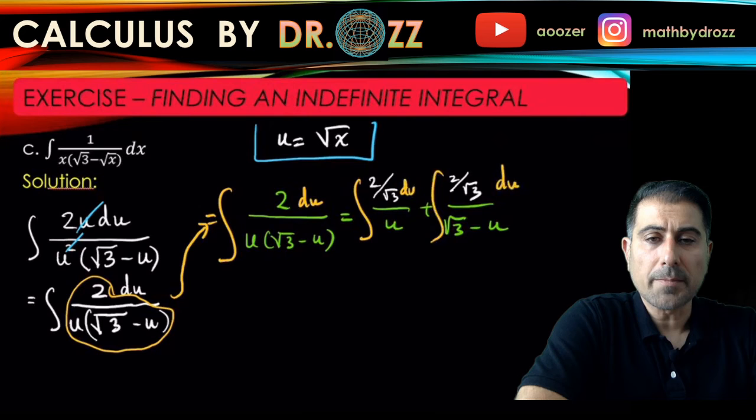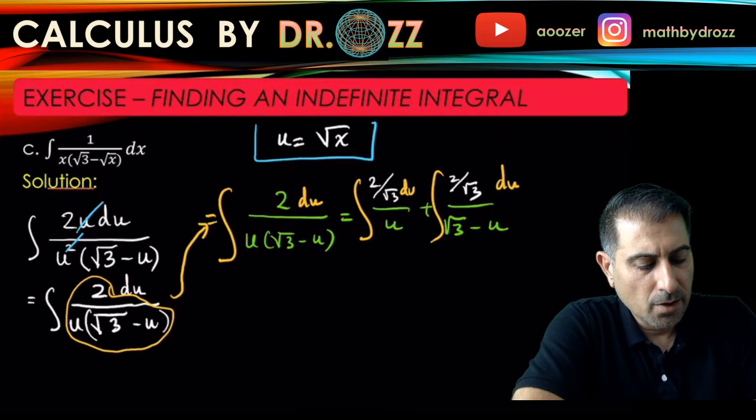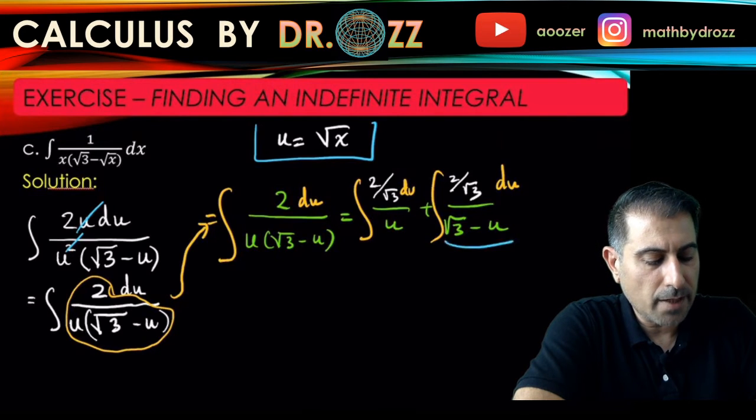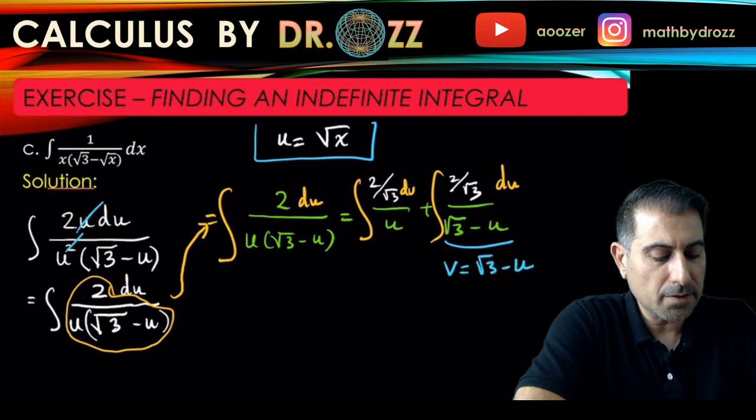I'm going to have just one u substitution here because I need to get rid of the bottom like this. So let's say v equals radical 3 minus u. That means dv equals minus du.